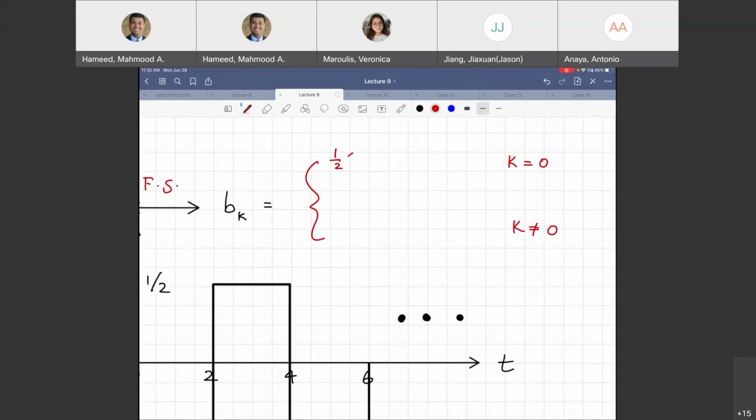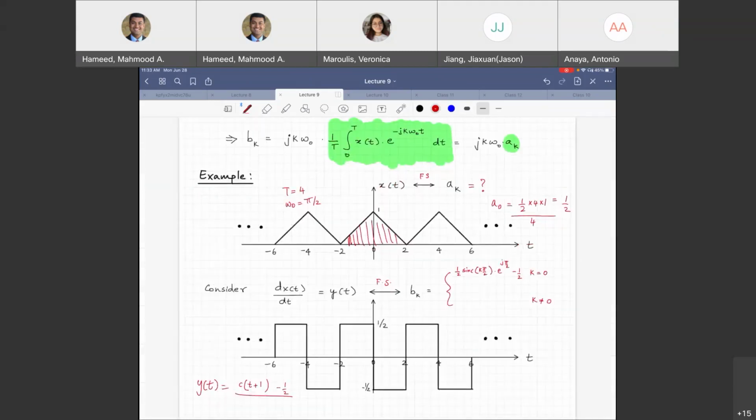Half sinc k pi over 2, that is for c of t. You multiply it with e to the plus j omega naught t naught, where t naught is 1. Yeah? And then minus half for this, right? When k is 0. Yeah.